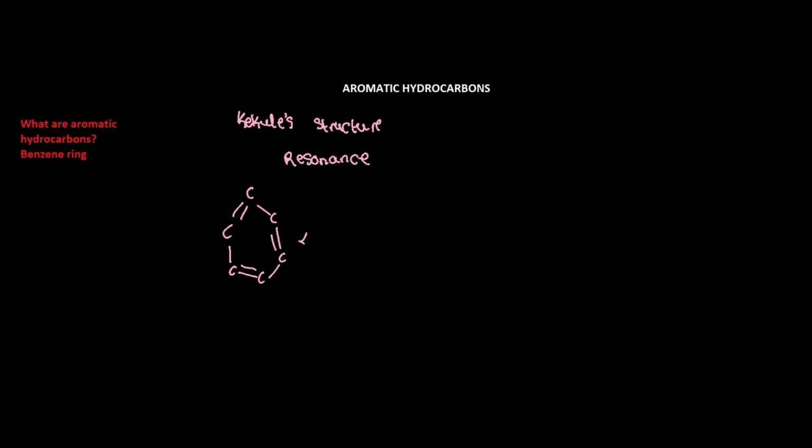This structure actually resonates between this form and this form. So something that looks like this, 6 carbon atoms, and then instead of having the double bond here, it would have it here, and so on.